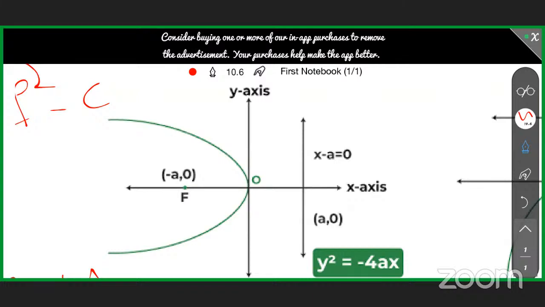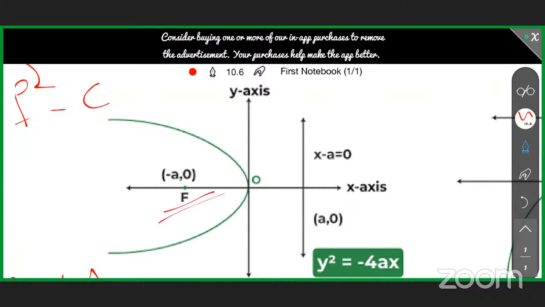The focus will be on the negative x-axis. So any point on the negative x-axis will become (-a, 0), because the y coordinate will be 0. So that will be my focus, (-a, 0).